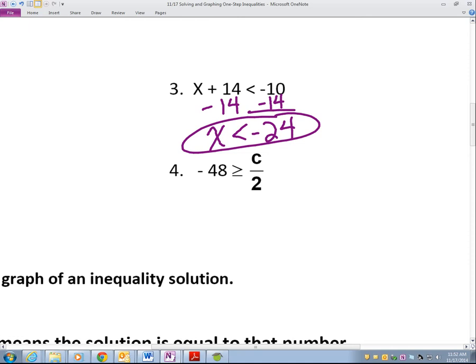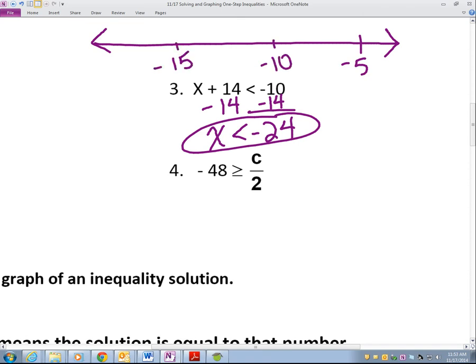And if you got that wrong, you must have a number line in your head and you have to think to yourself, I'm starting at negative 10.